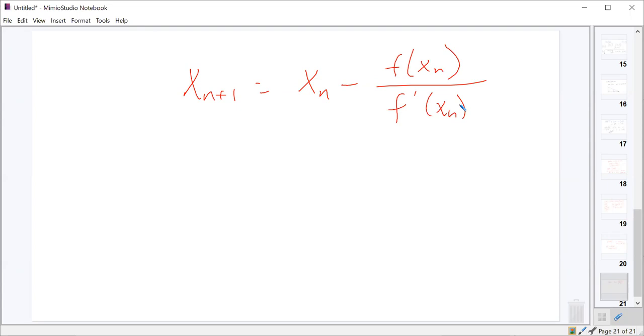So if you're trying to guess your x-intercept, you just use that formula and figure it out.